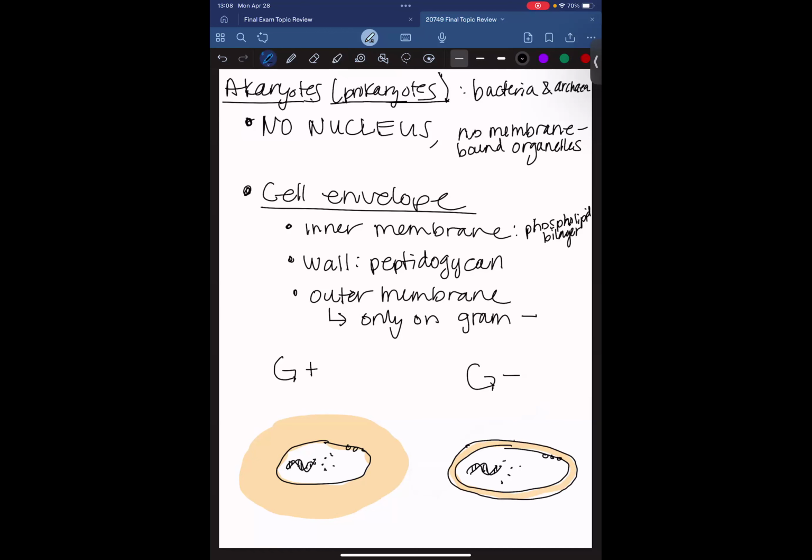And that outer membrane sometimes has some other structures on it that define the gram-negatives. This is also known as LPS, lipopolysaccharide, which what else do we call lipopolysaccharide? Endotoxin.